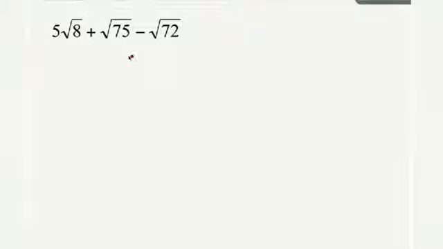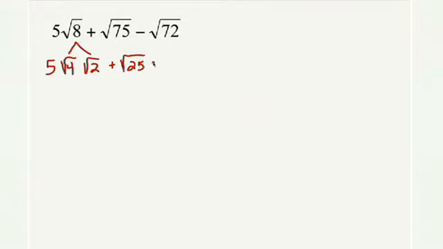Again, we see none of the radicals are common, so we can't just start adding or subtracting here. So we're going to start, write down our 5, and then break down 8, which is 4 times 2. Plus 75 is divisible by the perfect square, 25, and 25 times 3 is 75.